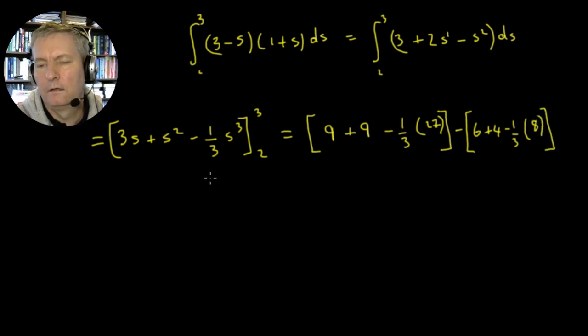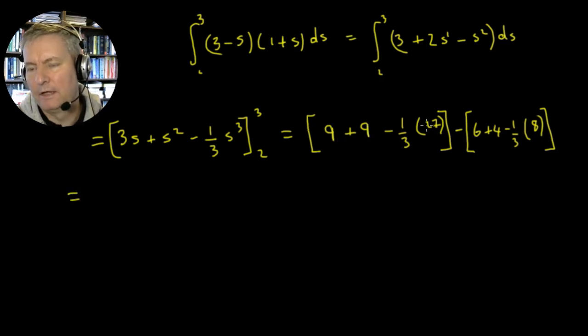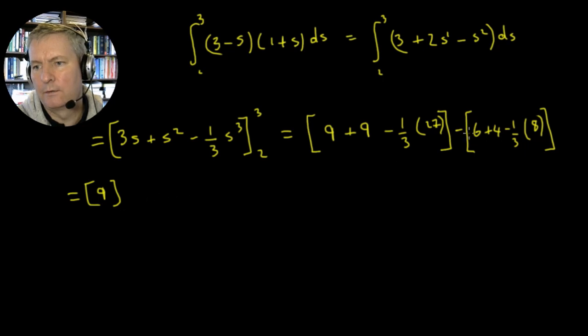So that's going to be equal to 9 plus the 9 here, and this will be minus the 9, so these two can cancel, so you're going to be left with 9 from this one here, and you're going to have minus the value of, so it'll be 6 plus 4 is 10, but it's minus 10, and then the minus cancels with minus, so you have plus 8 upon 3.